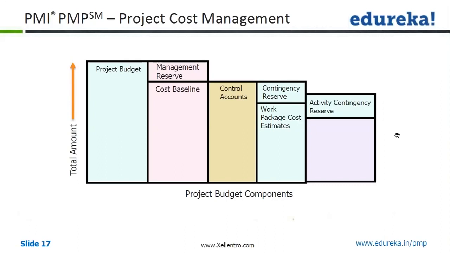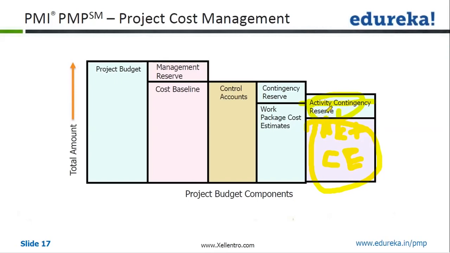First we need to understand this level. The activity cost estimate will be here. This is the activity cost estimate plus the activity contingency reserve. The activity cost estimate will be related to your activity contingency reserve.